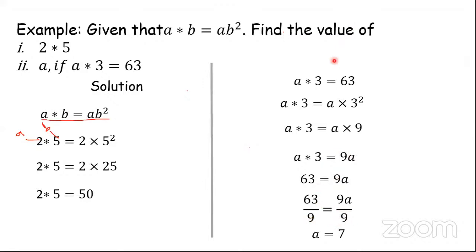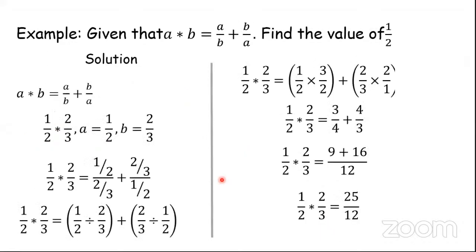And when we get 63 divided by 9, what do we get? 7. So our value of A will be equal to 7. Okay.